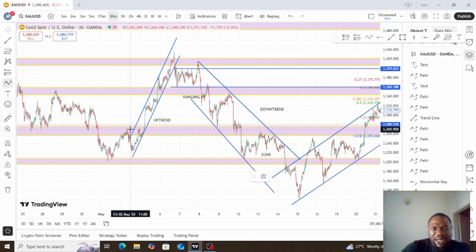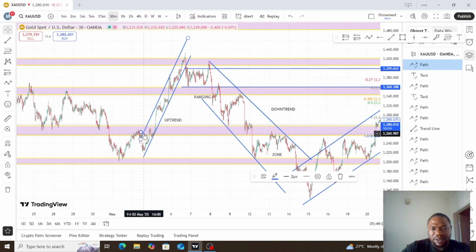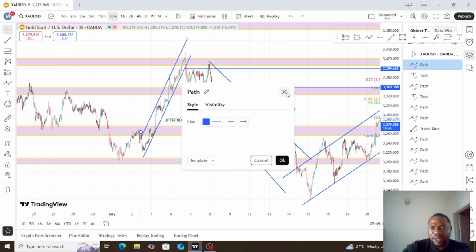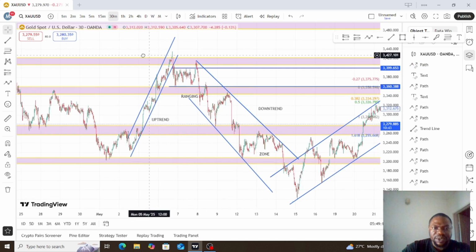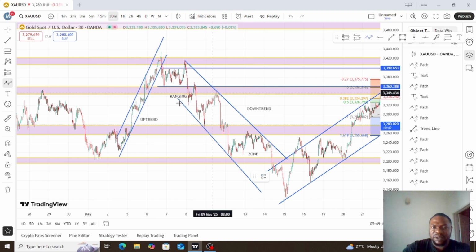So this is it. I can mark as many as possible. This high is higher than this, so the structure was broken around this point. Let me get another one.